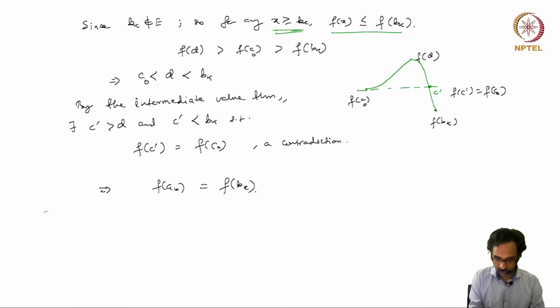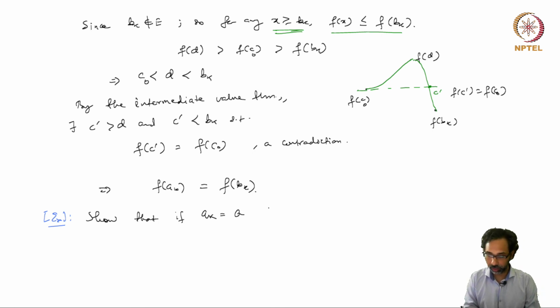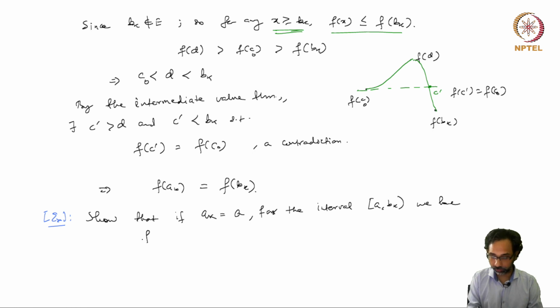So as an exercise, show that if ak is equal to the left end point a for the interval (a, bk), we have f(bk) greater than or equal to f(ak), which is f(a).